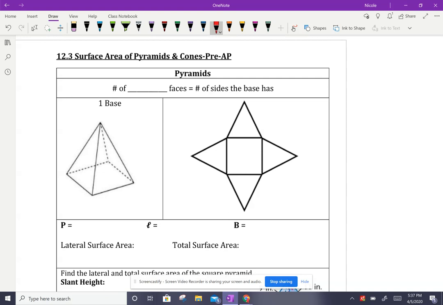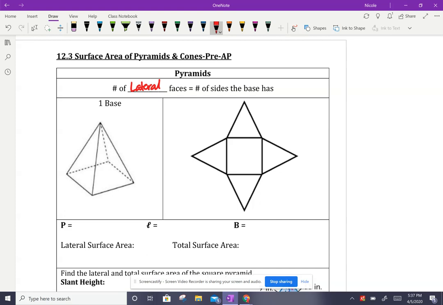So there's a few pieces when we're dealing with cones and pyramids that are slightly different than when we dealt with prisms and cylinders and spheres. So the first new word, or not really new word, but something you have to take into account, is the number of lateral faces is equal to the number of sides the base has.